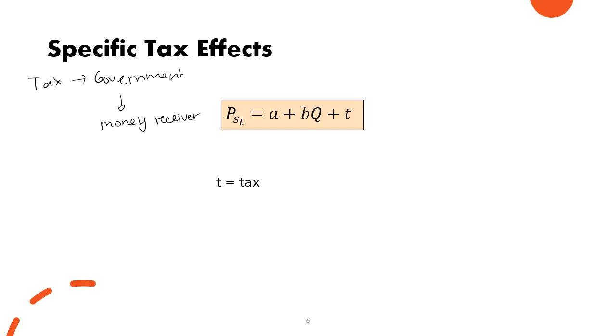From the supplier, the producer versus the consumer. Consumer gets the goods, right? And the good comes from the supplier, and then the supplier will produce the good, and then the consumer should pay the supplier. So the supplier will receive money.